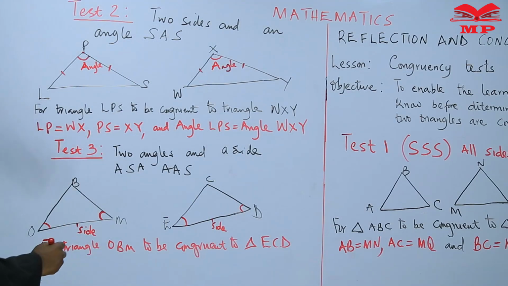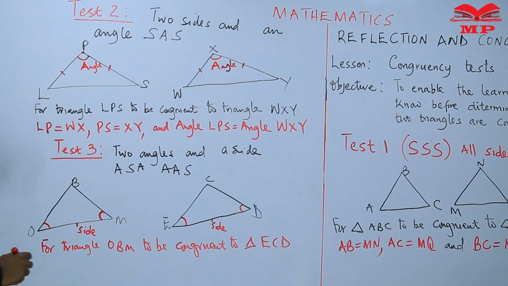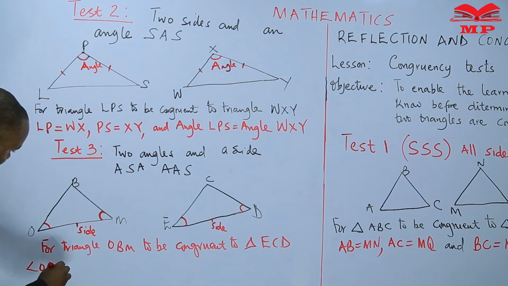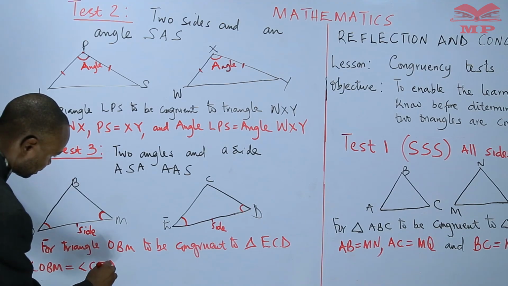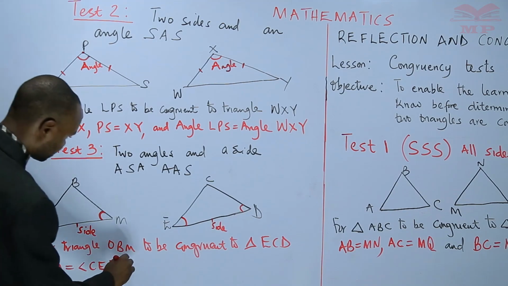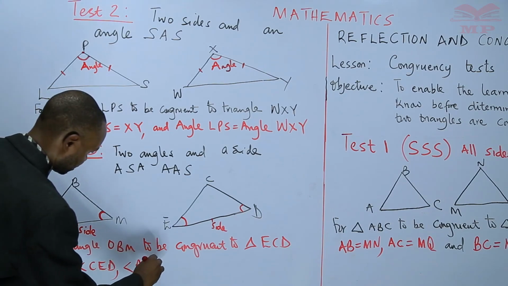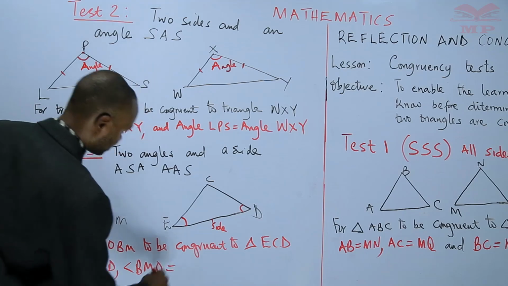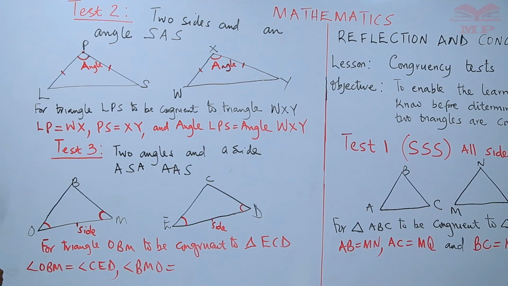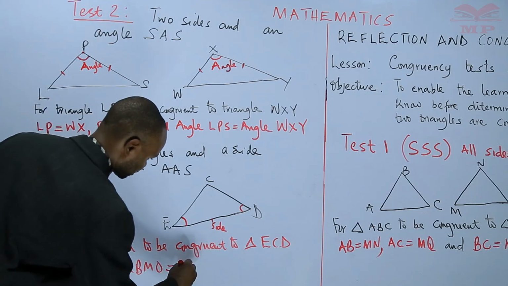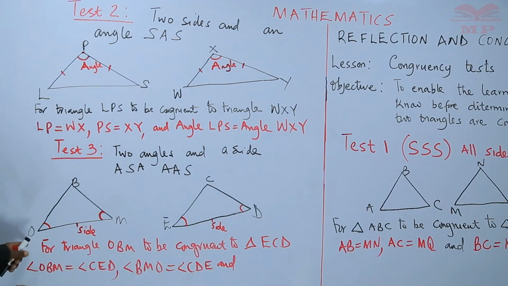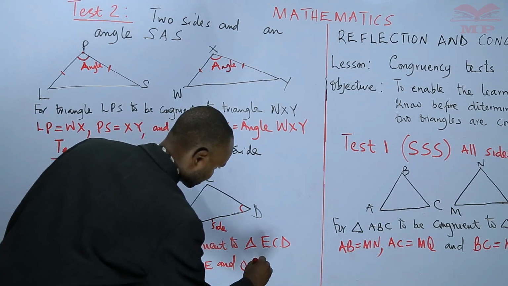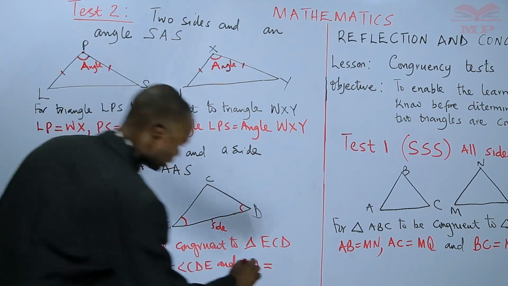So to be congruent to ECD, angle OBM should be equal to angle CED, angle BMO should be equal to angle CDE, and OM should be equal to ED.